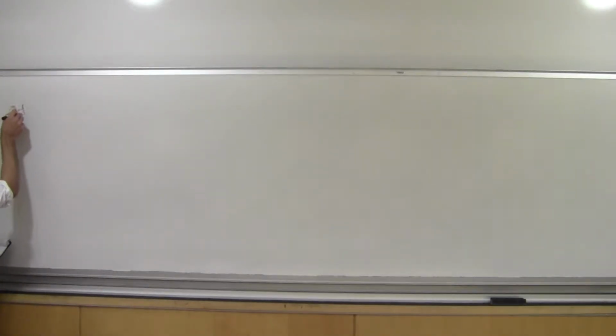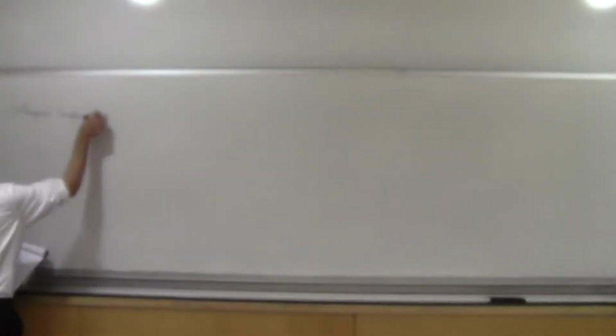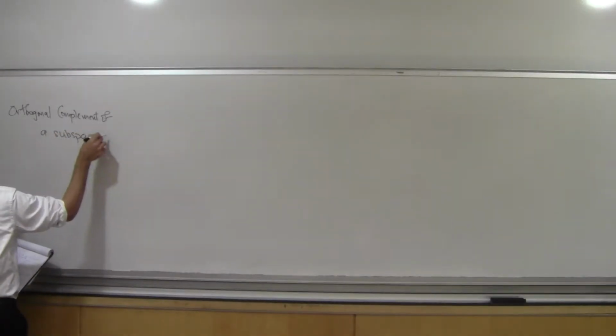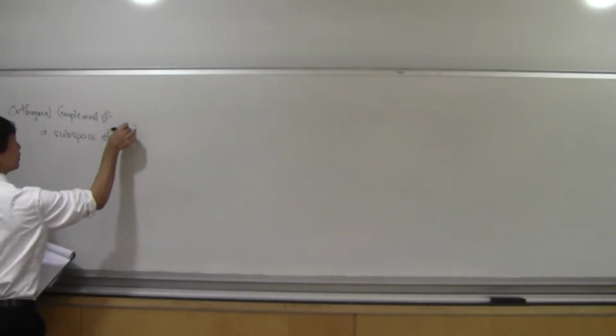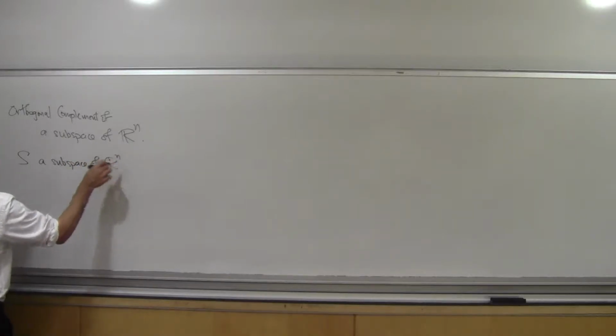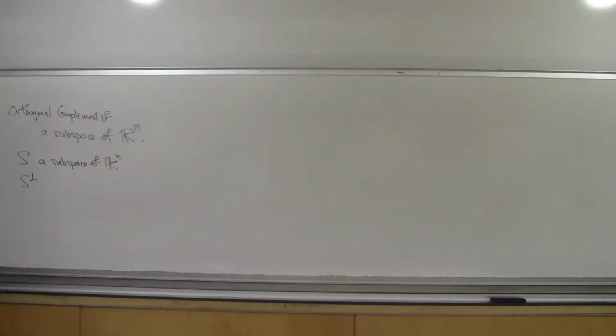So the orthogonal complement of a subspace of R. Right? So you have S a subspace of Rn, and then you have this thing S perp, right?